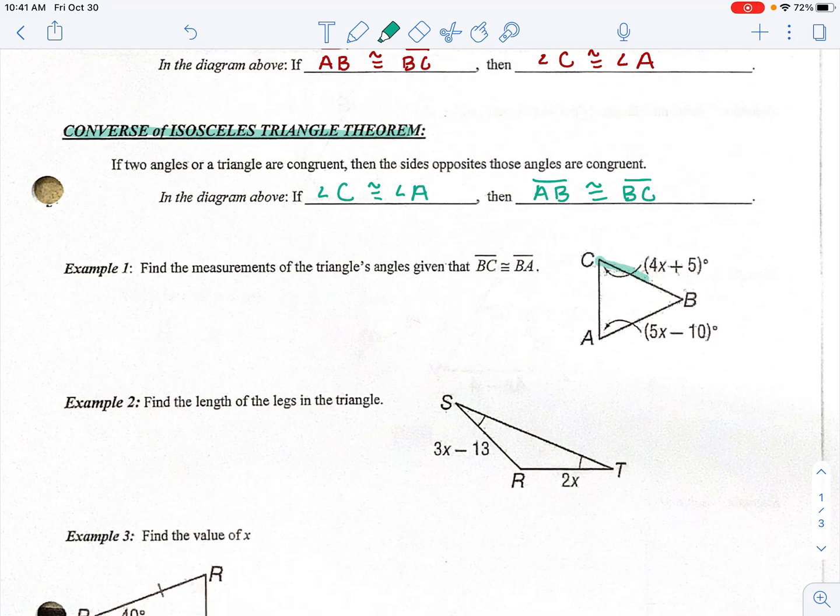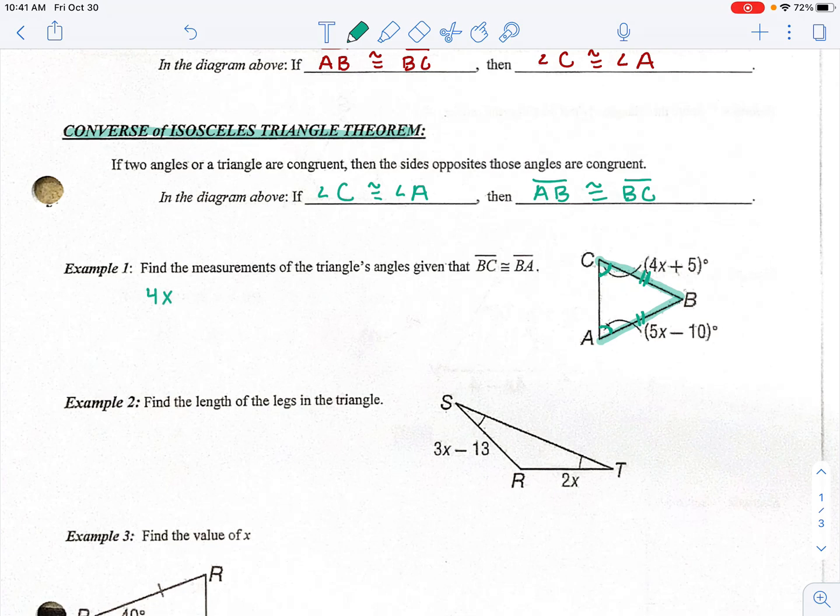Example 1 says find the measurement of the triangle's angles given that BC is the same as BA. We know that those two sides are congruent, so we can mark that. Which means if those two legs are congruent, the base angles opposite of them should be congruent.